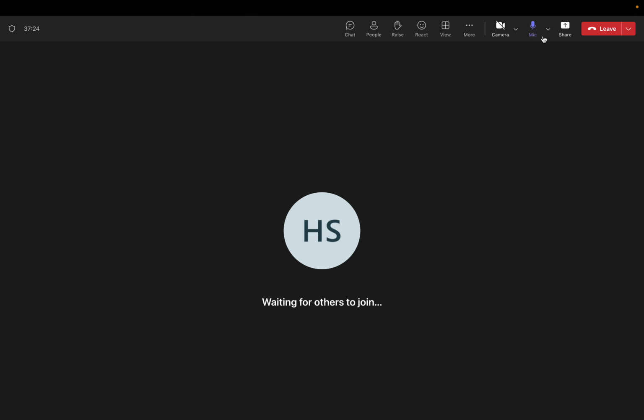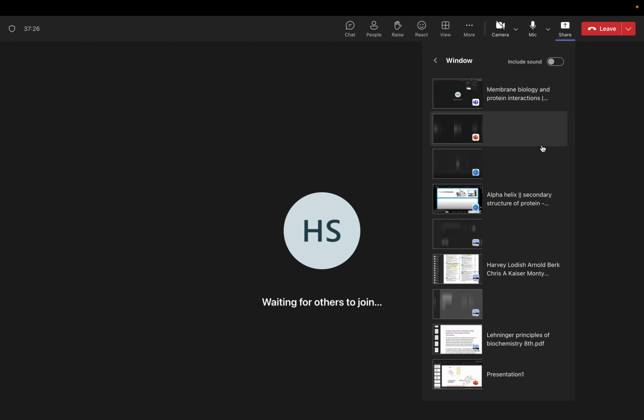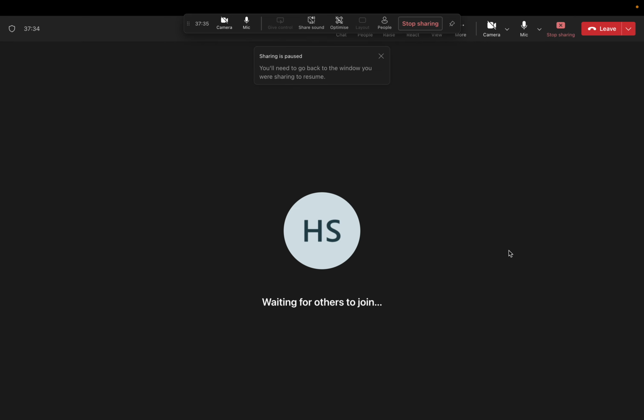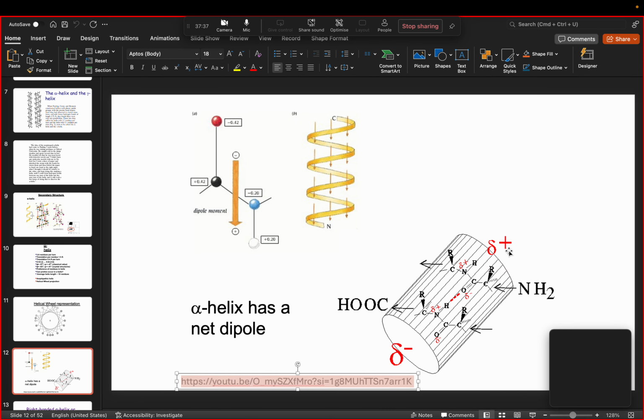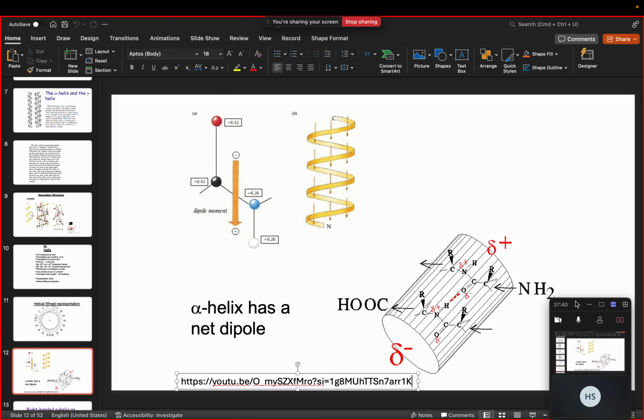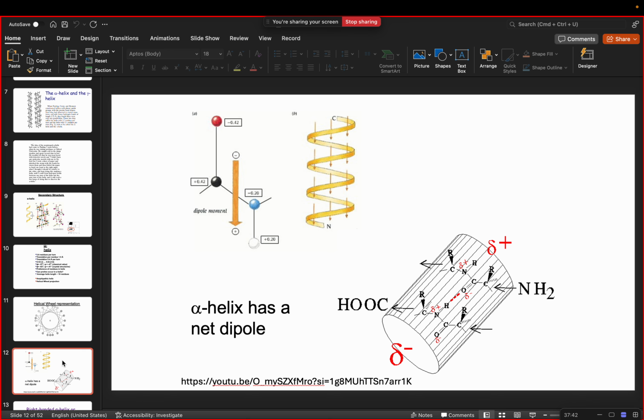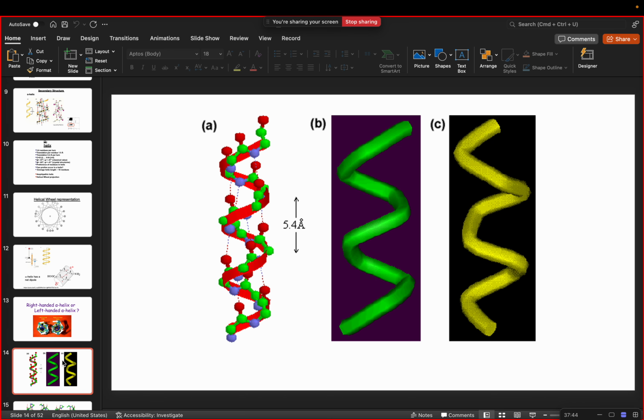Yeah, so this was the overview of alpha helix, and then we actually switched in the lectures when we were taking it for the first time. We actually switched towards X-ray crystallography and all that. So we are not going to go completely deep into it because we have already discussed most of it.